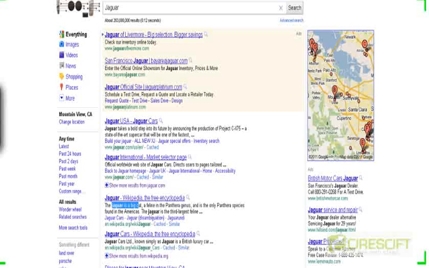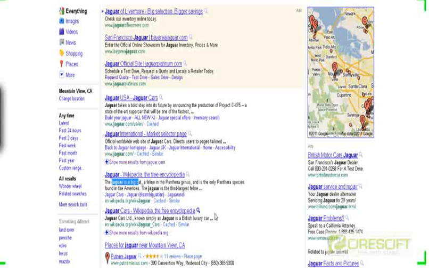And there will be some other results for the jaguar operating system. So you can see that the results are mixed, and that makes sense, because if you just look at the word jaguar, it's not clear from the word itself what the user had in mind. Some people could have had the car in mind, others could have had the animal in mind.